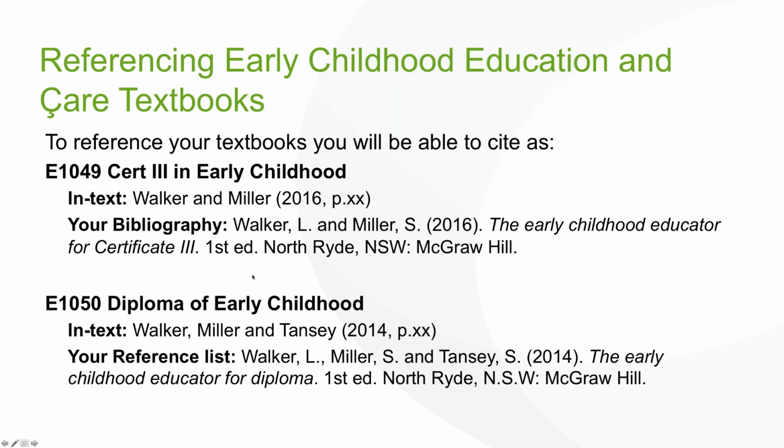If you're trying to reference your textbooks, if you're in Cert 3 in early childhood, I've got the in-text citation and also your bibliography right here for you. If you're in the Diploma of Early Childhood, here is your in-text citation and also your reference list.